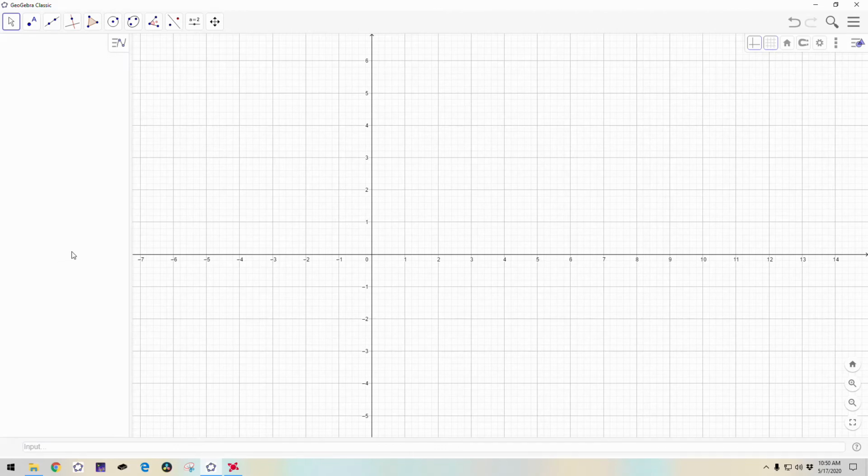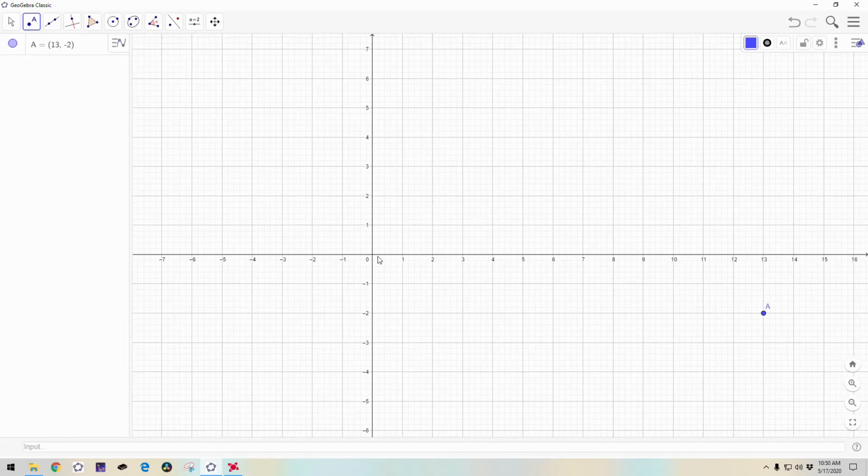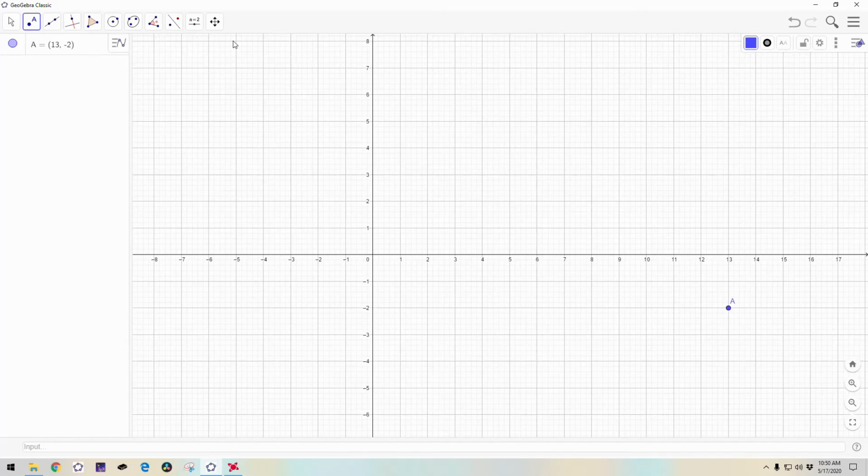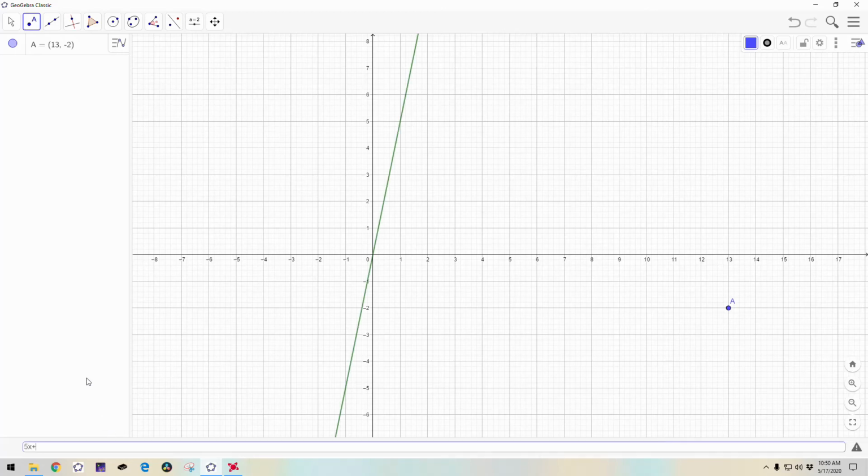Then we had one where I was asked to make a line that goes through the point 13, -2. That's right, 13, -2. Right here. So let's zoom out a bit just to be able to get that in there. And then it had to be parallel to the line 5x plus 2y equals 13.